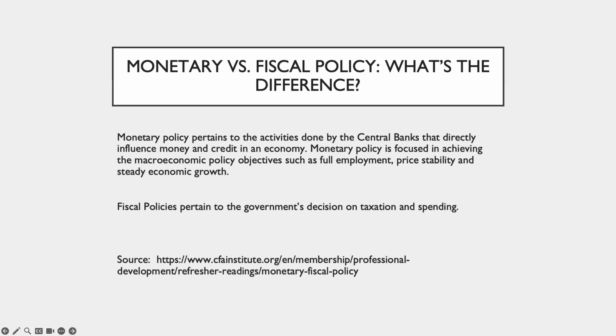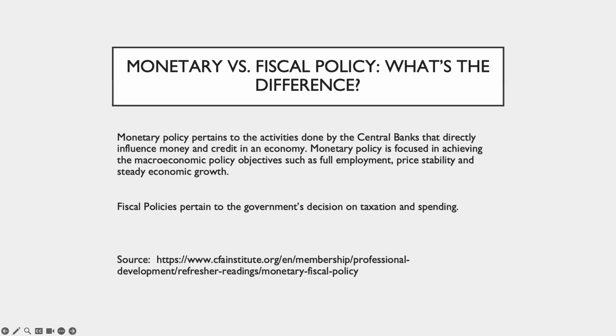Monetary policy controls money and credit in circulation, meaning money and interest, and the loans that are currently in the market. However, fiscal policies revolve around decisions on how people are taxed and how the government is spending its funds.